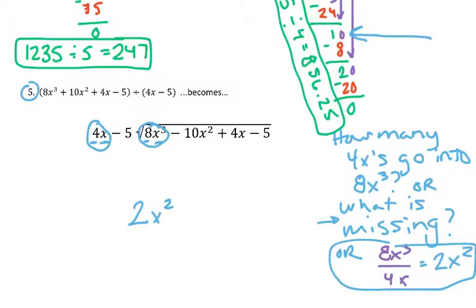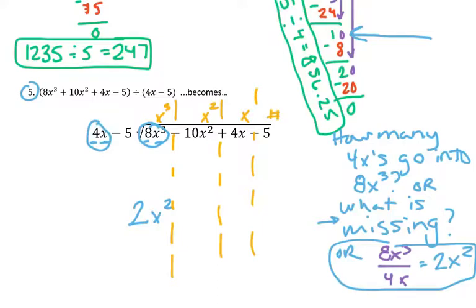So, another thing that we want to do is pay attention to these imaginary columns. So there are columns here. This one has x cubes in it, this one has x squareds in it, this one has x's, and this one just has constants or numbers.